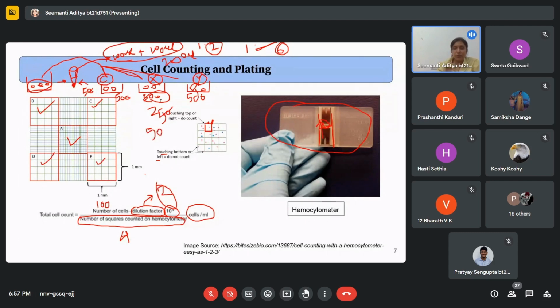Then this causes a problem, because we have to normalize with control, but control already has 500 cells, and those 500 cells were not similar to the initial number of cells used for the experimental condition. So when we compare it with control, it looks like a 10-fold decrease has happened, so the drug seems very toxic, but ideally it is not.